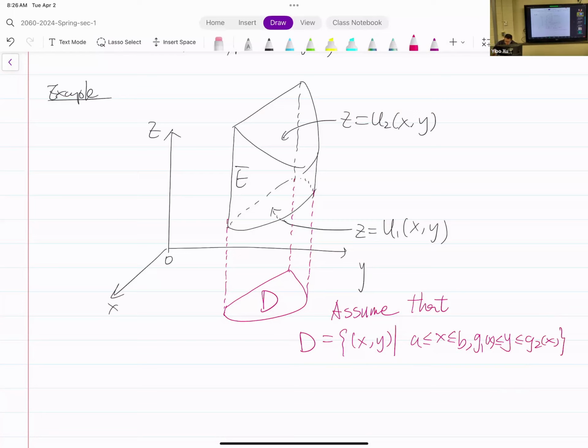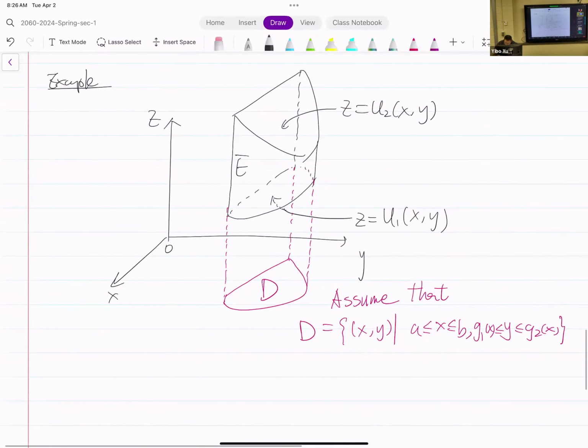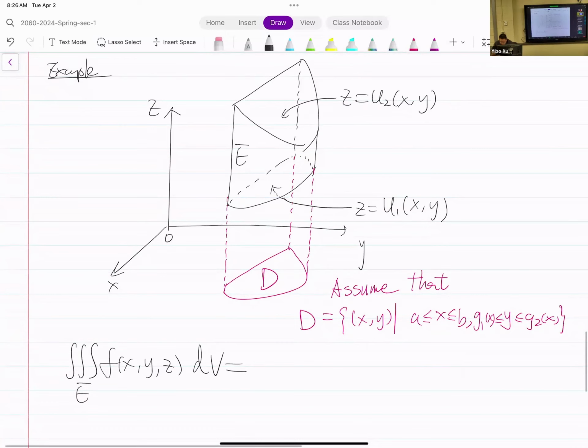And then we can just write the triple integral on the solid E of our function f of x, y, z, dV, to just follow the way that we described. So we define D in terms of x and y. Finally, we're adding the bound for z to be cut between these surfaces u1 and u2.